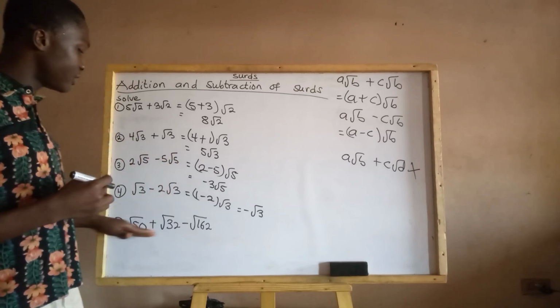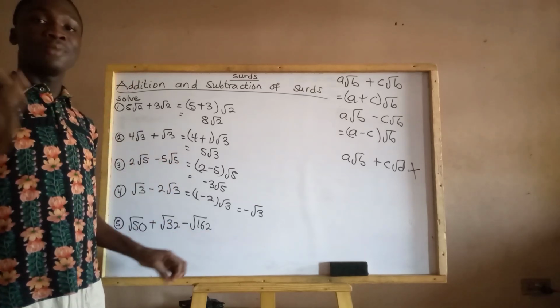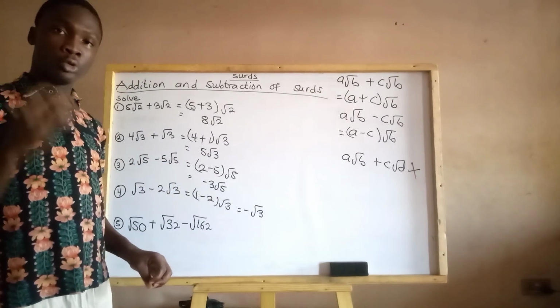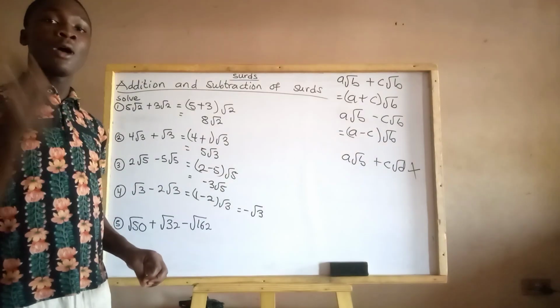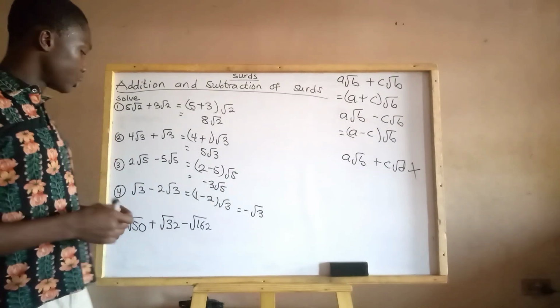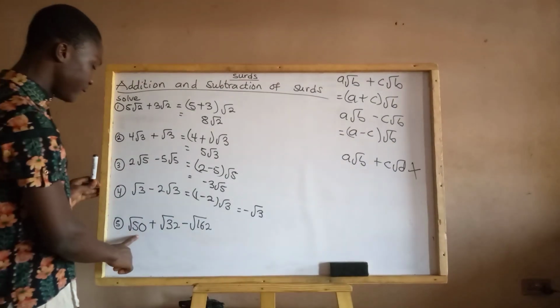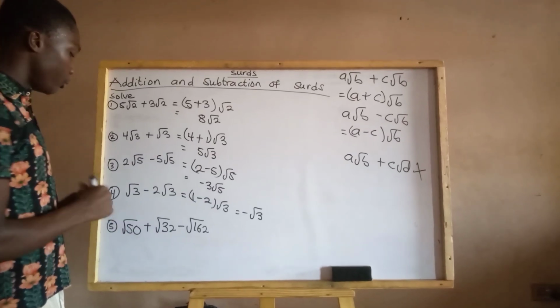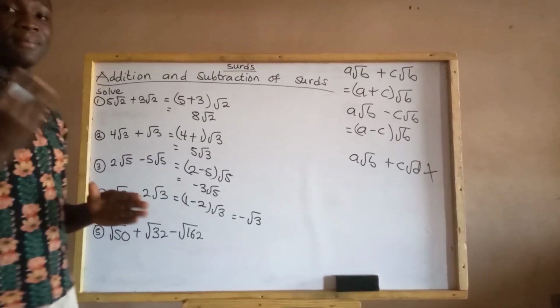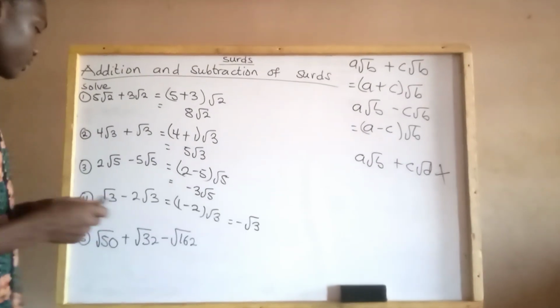They are of different roots, and we have to make them have a common root by simplifying them first before adding or subtracting. So here we have root 50. You have to simplify root 50.